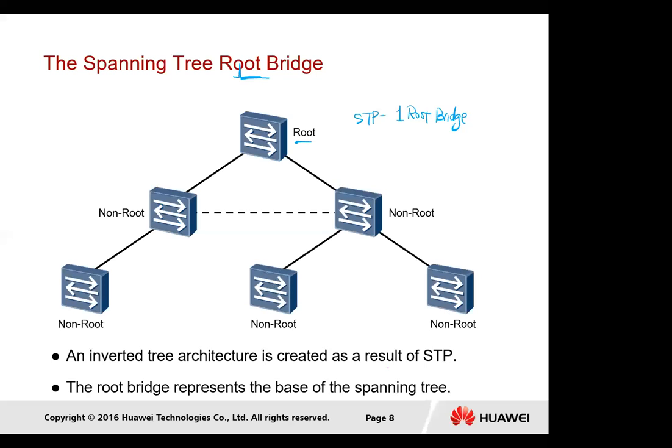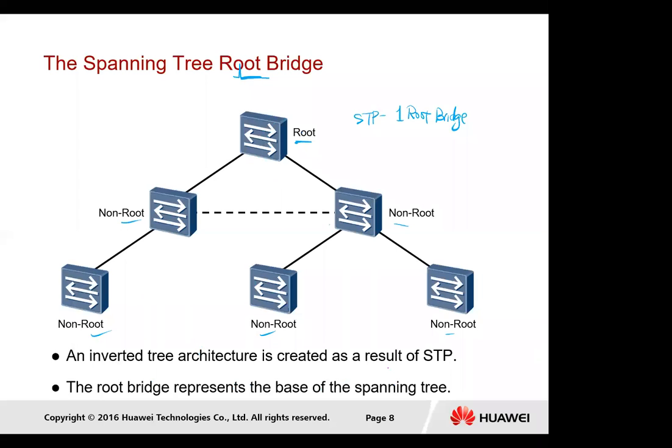And all the non-root bridges need to talk to the root bridge. Okay, an inverted tree architecture is created as a result of the spanning tree. When you have a root, I'm going to form the shortest spanning tree. The root bridge represents the base of the spanning tree. So this is your leaf, your leaf, your leaf, your leaf. This is your spine. Everything needs to go into the root before you go to the other leaf.